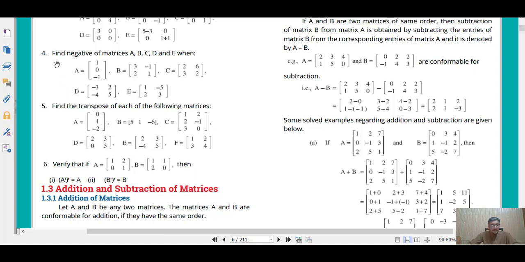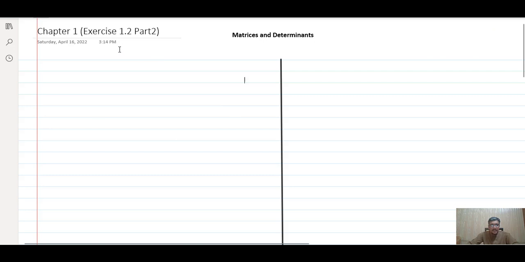So before starting question number 4, we first take the concept of the negative of a matrix, or you can say negative matrix. A negative matrix is a matrix in which we change the signs.